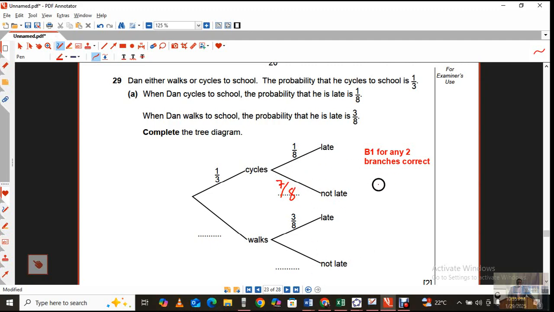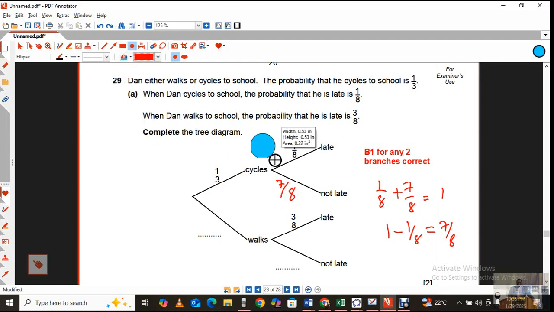Because 1 over 8 plus 7 over 8 should give you 1. So how do I find the 7 over 8? I say 1 minus 1 over 8, and that is how I get 7 over 8. But you can just look at the numerators. Again, the same, because this is supposed to equal 1. Let's change the color. This here.